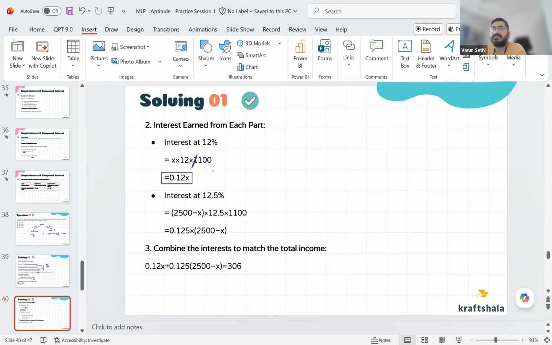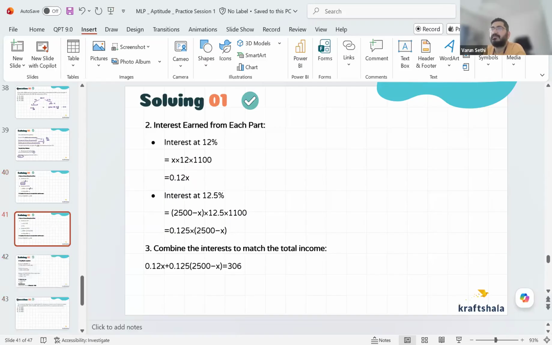Simple, no? X into 12 upon 100. For interest as 12.5, you'll have to calculate it like this. 2500 minus X into 12.5 divided by 100, right? So you get 0.125 multiplied by 2500 minus X, correct? Is this clear? You will sum them up, make them equal to 306.